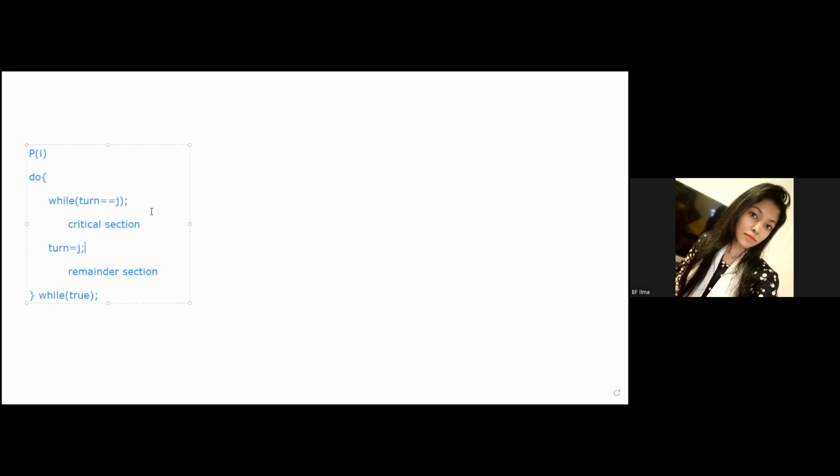Then we can have another process, Pj, and here it is turn is equal to i. So assume we have two processes, Pi and Pj. Initially we have a variable turn.